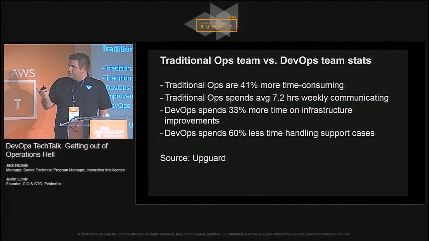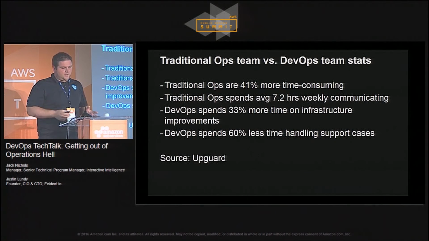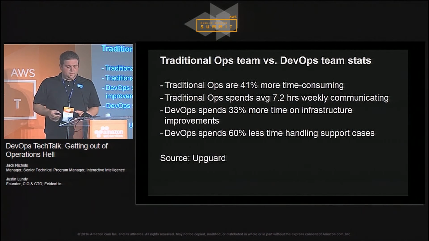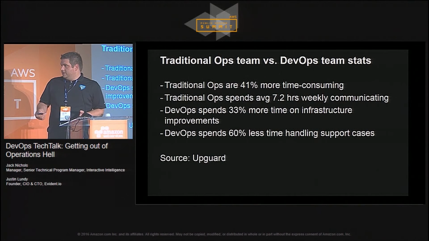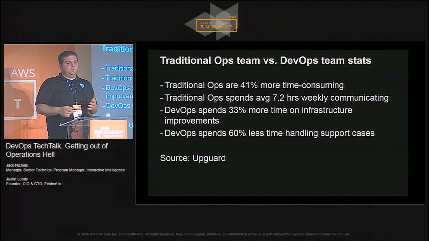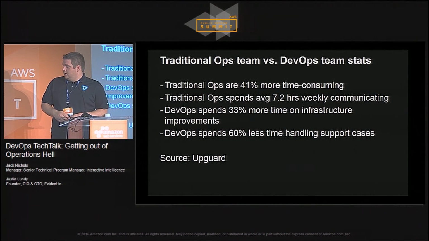So in a quick summary, when you want to look at traditional ops teams versus DevOps teams, it's only natural when you stop and think that traditional ops is more time consuming. You spend more time communicating to try and coordinate, when really you should just do as much of that automated in code as possible.